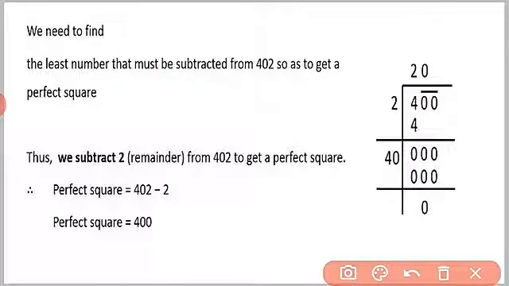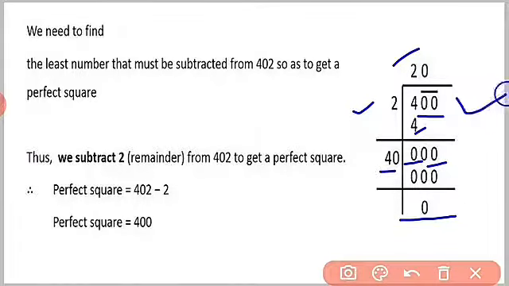So when we find the square root of 400, 2 multiplied by 2 is 4. On subtracting we get 0. We write these two zeros as they are, and this will go 0 times, and the remainder is 0. This means that 400 is a perfect square and the square root is 20.